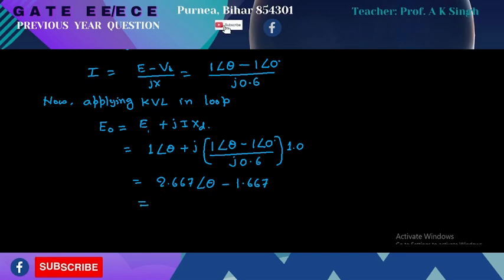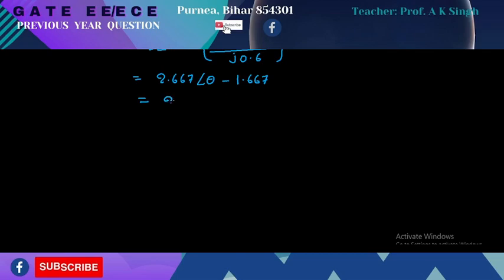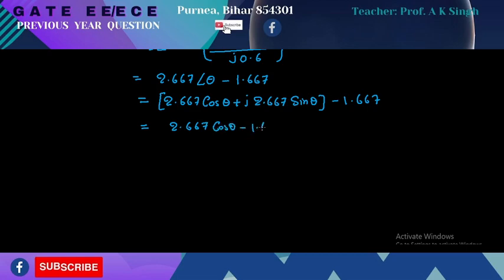If you break this in rectangular form, we find 2.667 cos theta plus j 2.667 sin theta minus 1.667. If we put the real terms together, 2.667 cos theta minus 1.667 plus j 2.667 sin theta.